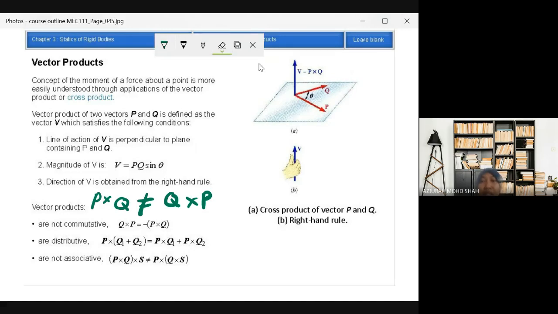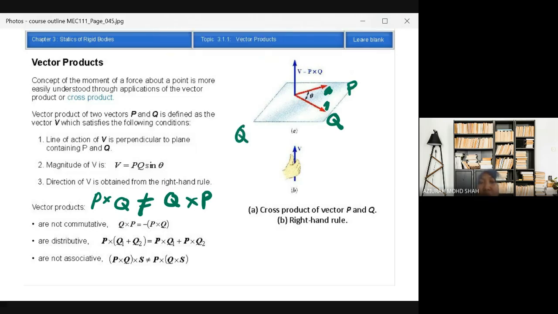Katalah kita tukar label, tetap benda yang sama, cuma saya takut nanti kamu pening lah. Label ni kamu tak perlu consider. Yang penting kamu tengok apa cross apa. Contoh, kalau saya letak Q kat sini, Q cross P, now dia dah terbalik.